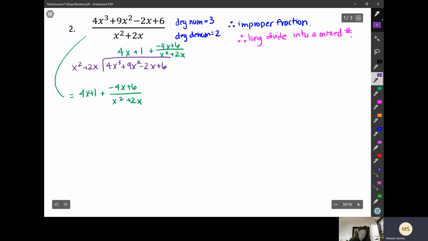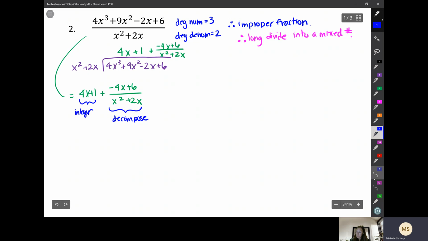Okay, so this first piece, the 4x plus 1, represents some integer. This is still the fraction, so we're going to take this piece and we're going to decompose.